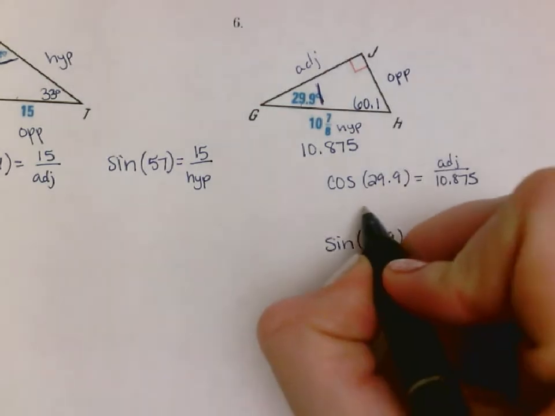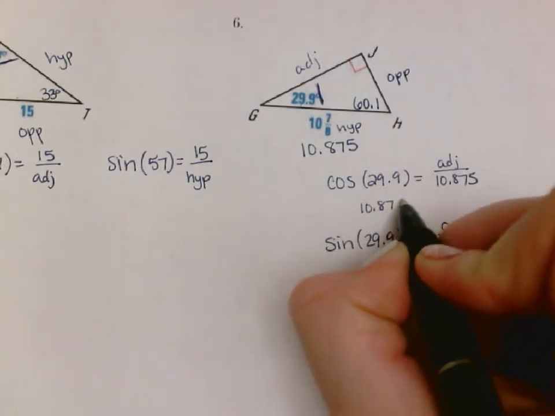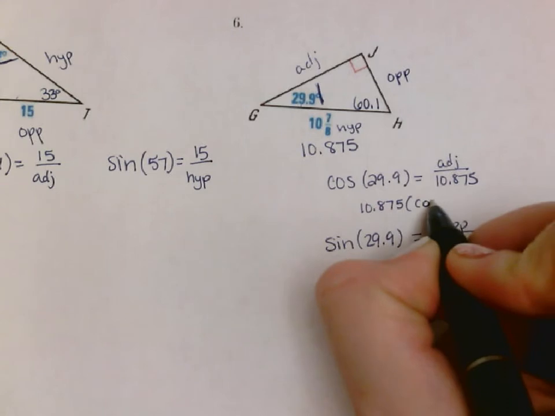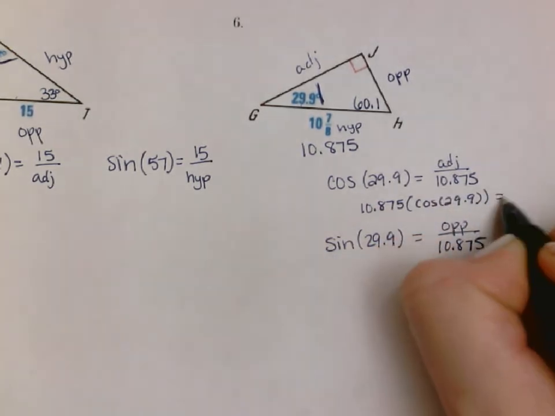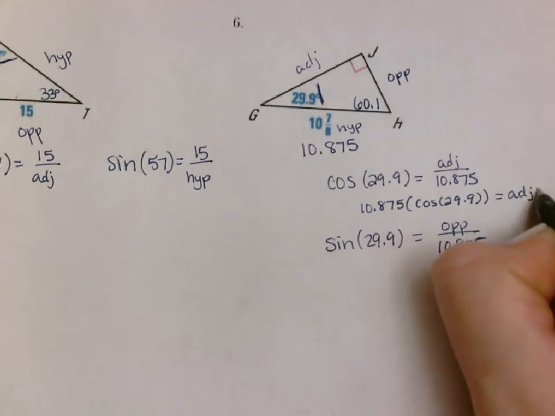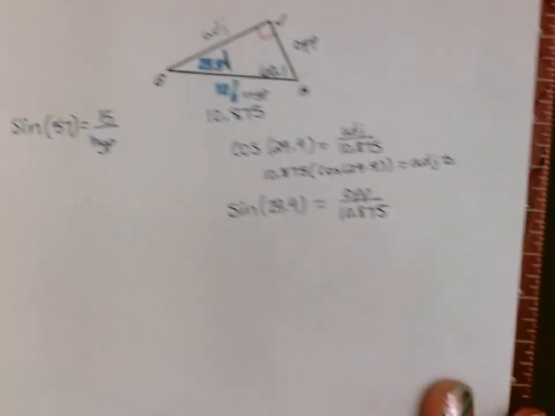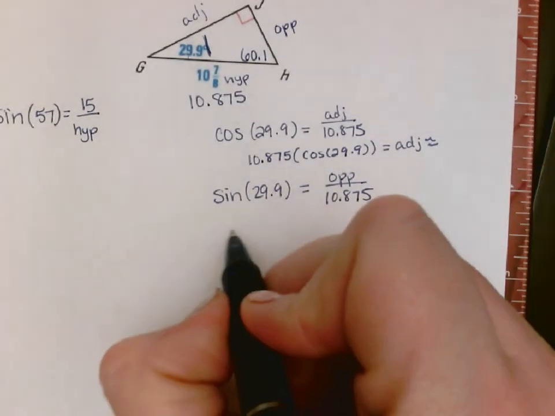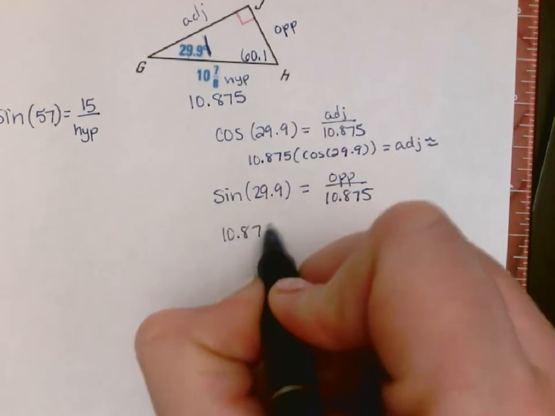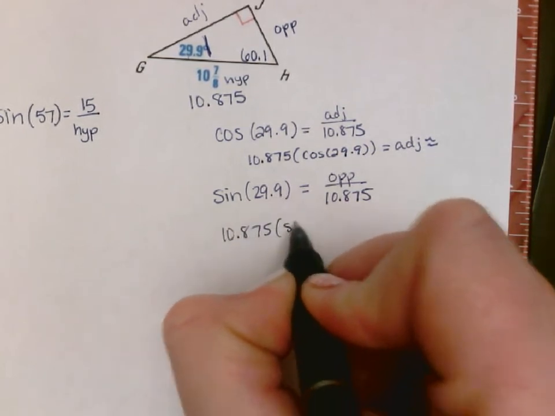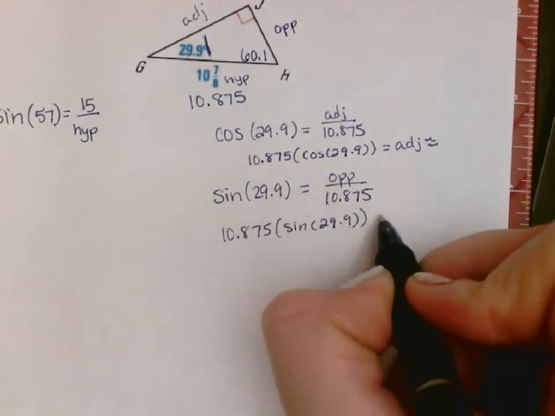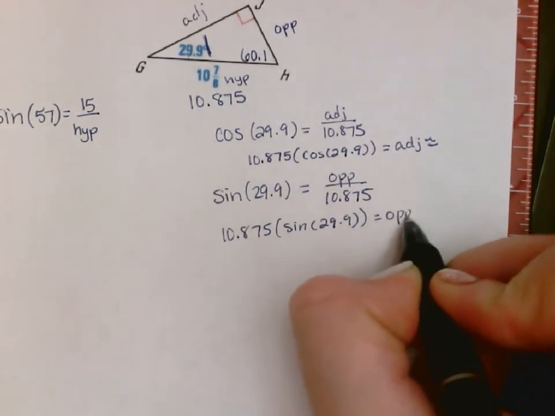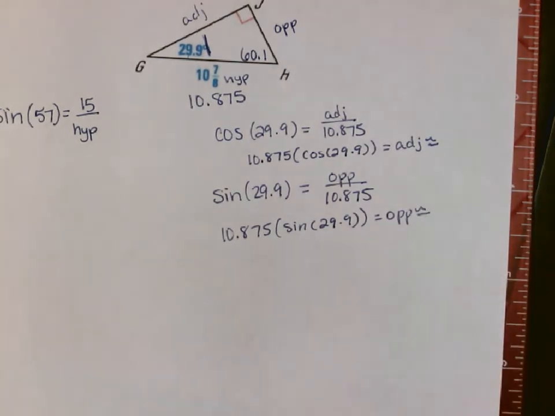You'll get 10.875 times cosine of 29.9 is equal to adjacent, which is approximately an answer. Same thing on this one, you get 10.875 times sine of 29.9 equal to the opposite, which is approximately a value.